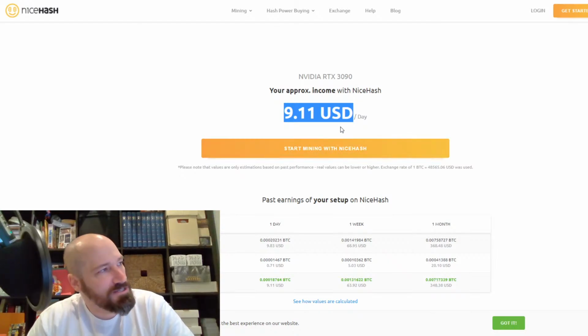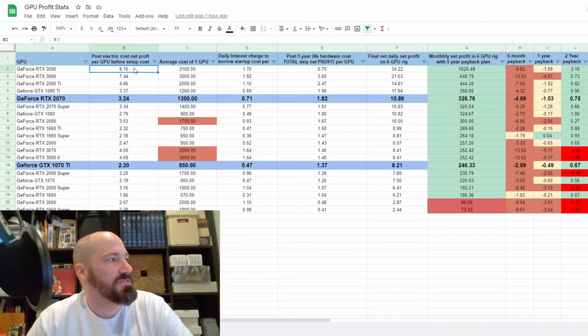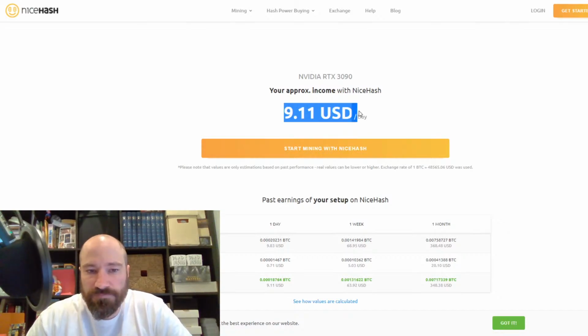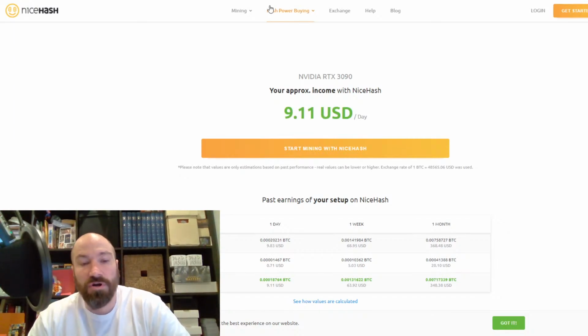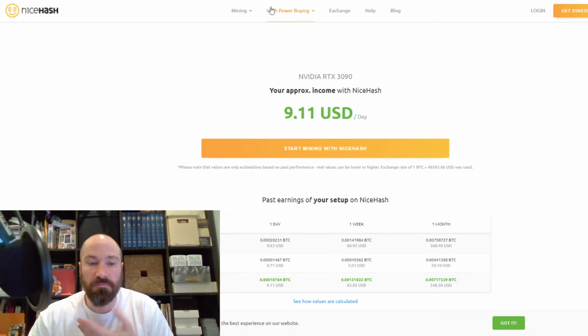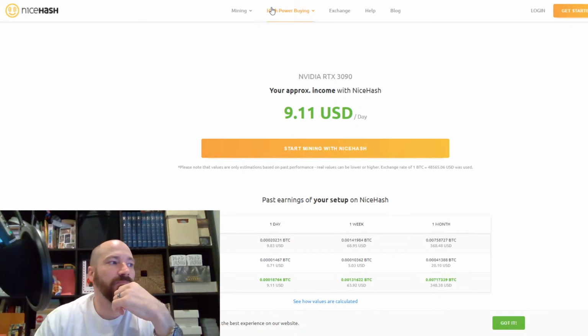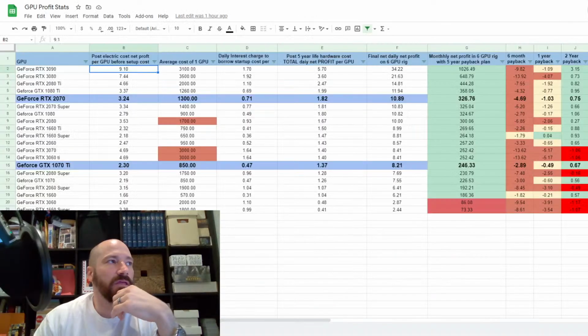Of course, that's when I start mining. But anyway, so this is 9.10 a day, right? But that doesn't include the cost of the hardware, right? It doesn't include the cost of borrowing money for the hardware. It doesn't include those things, which I've included.